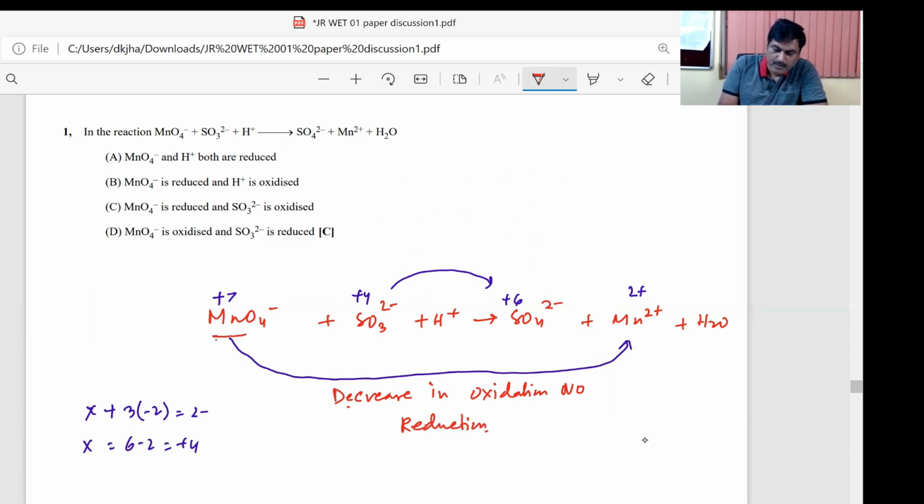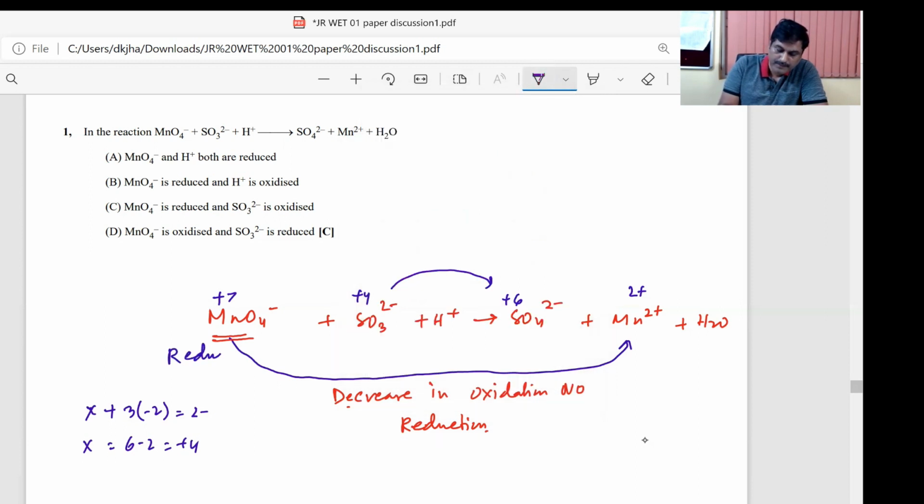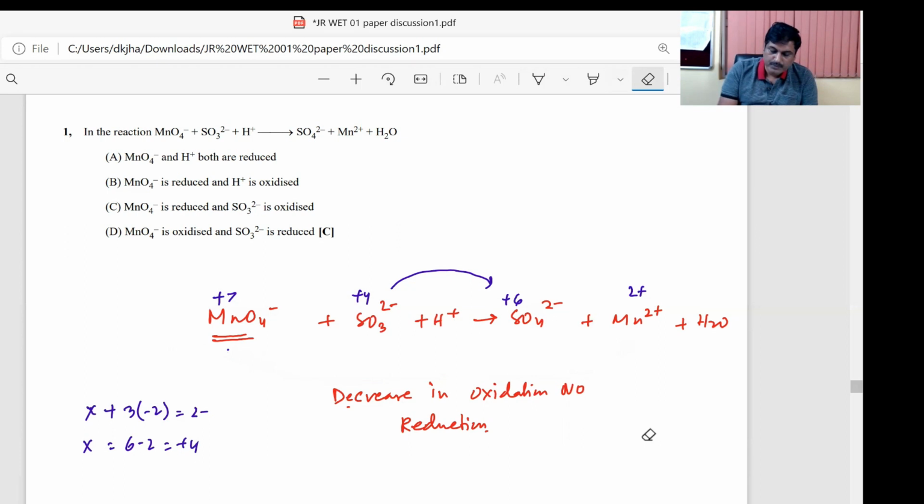It means MnO4 minus undergoes reduction. So that which undergoes reduction is acting as the oxidizing agent.